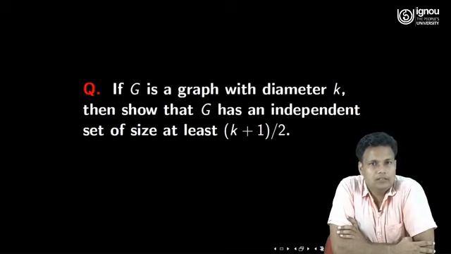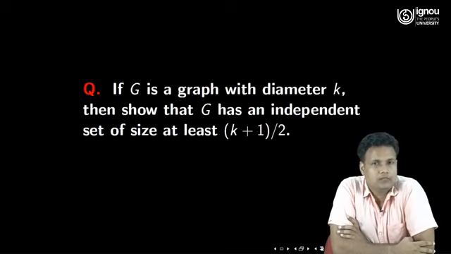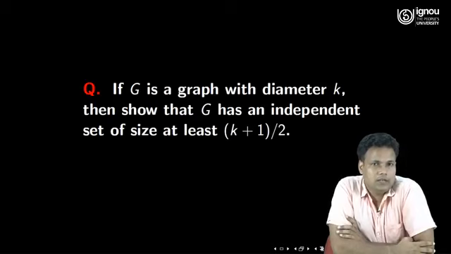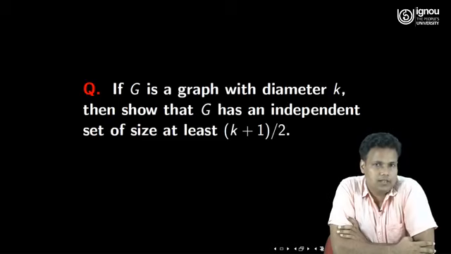We are given that G has diameter k, and we have to show that G has an independent set of size at least (k+1)/2. Independent set means a vertex subset of G where every two vertices are non-adjacent, right? There is no edge in that set.